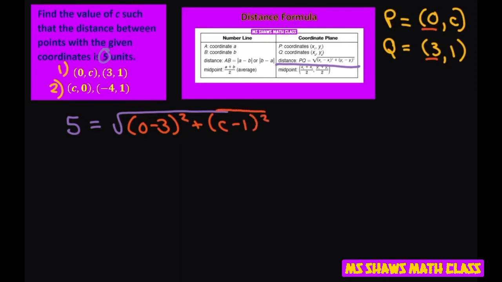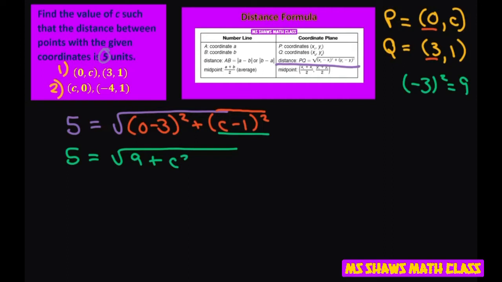To simplify further, negative 3 squared equals 9, plus, and we can expand this as c squared minus 2c plus 1.